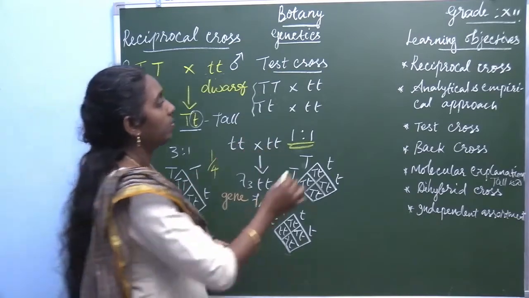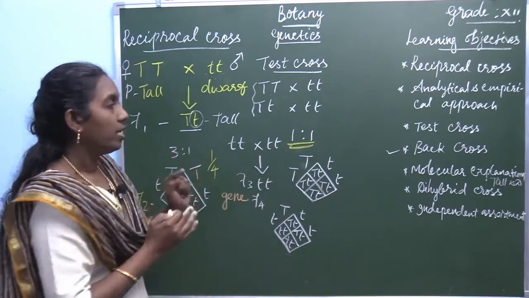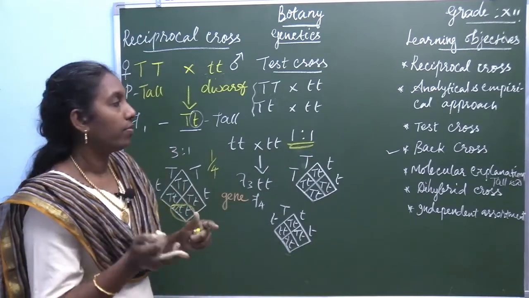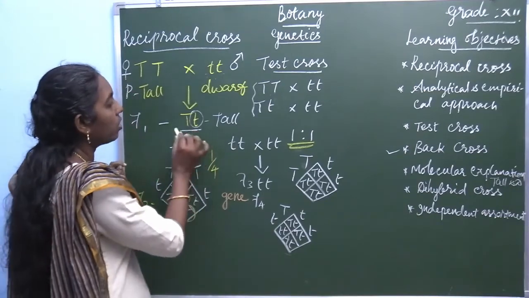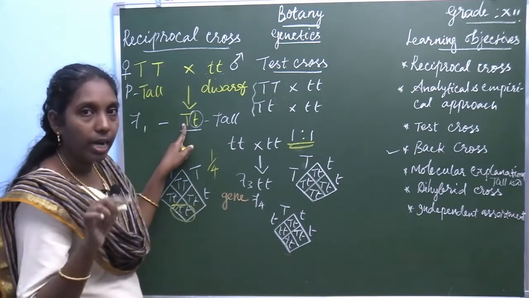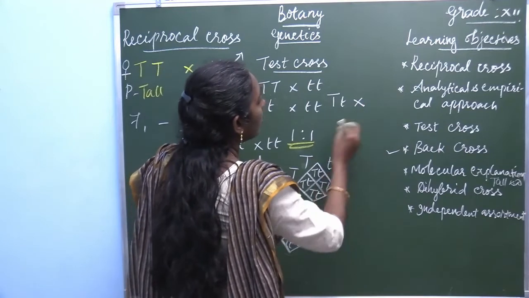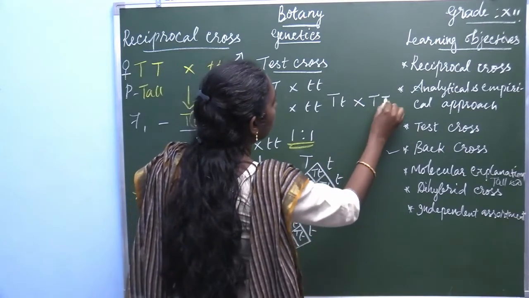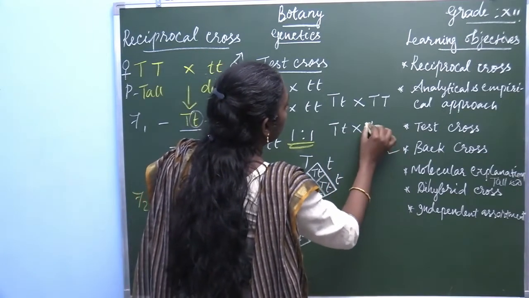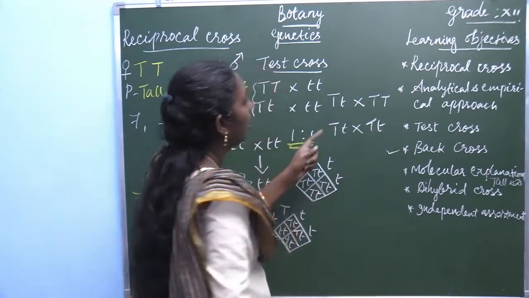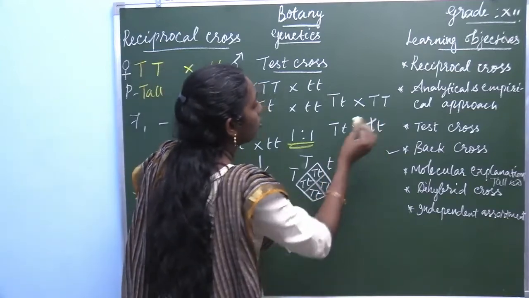In back cross, the hybrid is crossed with any one of the parents. Here, the hybrid under monohybrid, all these crosses are based on the monohybrid cross. So this is the F1 hybrid. The hybrid capital T small t is crossed with any one of the parents, either capital T capital T or small t small t.